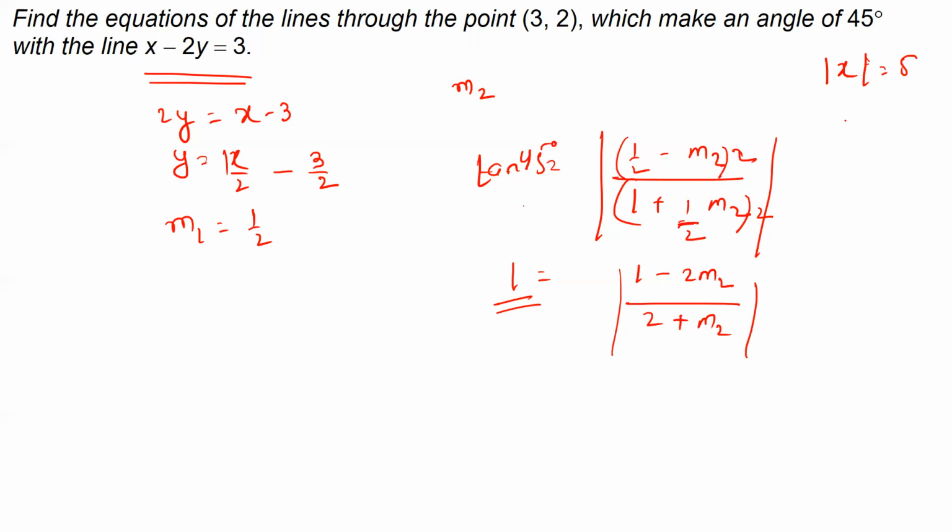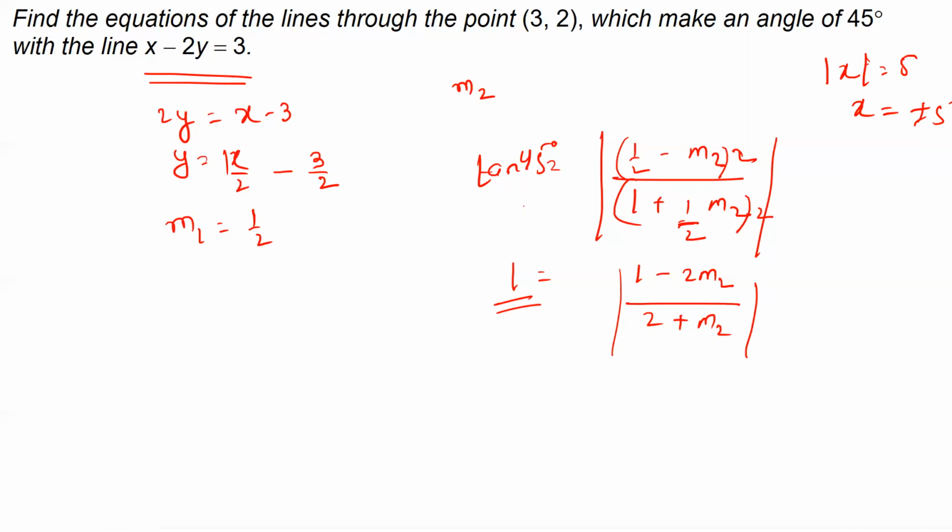The value of x can be either plus 5 or minus 5. Why? Because mod of 5 is 5 and mod of minus 5 is also 5. So x can take either of the two values. What I'm trying to say is that if you want to remove this modulus, then write down plus or minus on the other side.